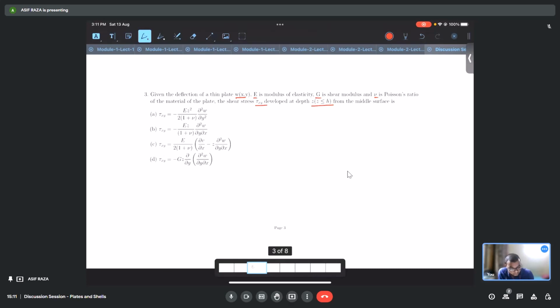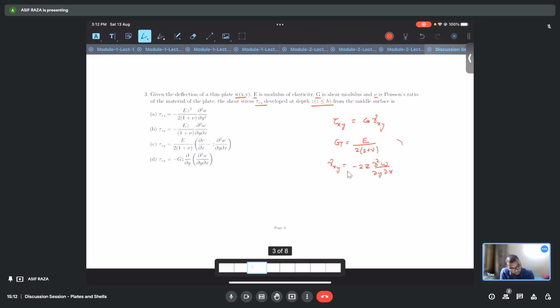We know that shear stress tau xy is given by G gamma xy, where gamma xy is the shear strain developed in the plate, and we have the relation G is equal to E upon 2 times 1 plus nu, and one more relation we have is gamma xy is equal to minus 2z del square w del y del x.